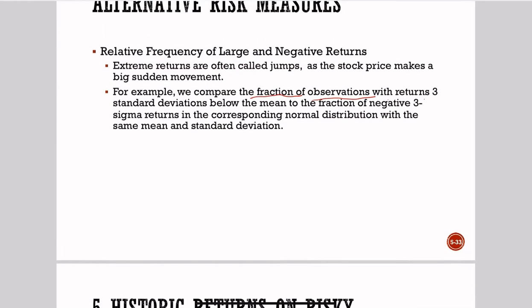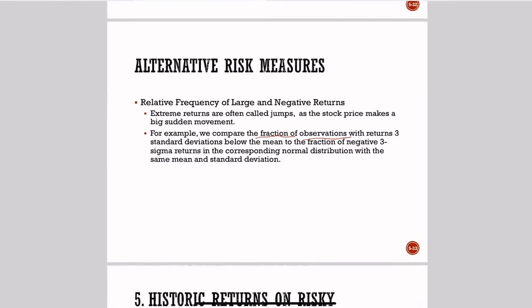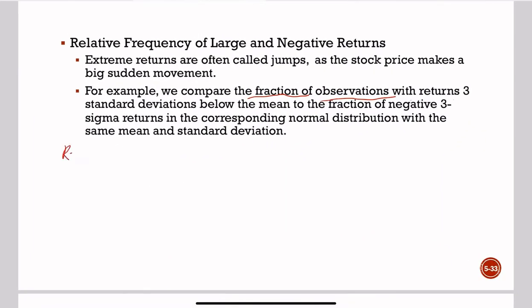So let me try to give you an example here. Let's say you have a bunch of data, right? A bunch of realized returns. And now let's say these are your data points. You find out your mean is actually, let's say, 8%.